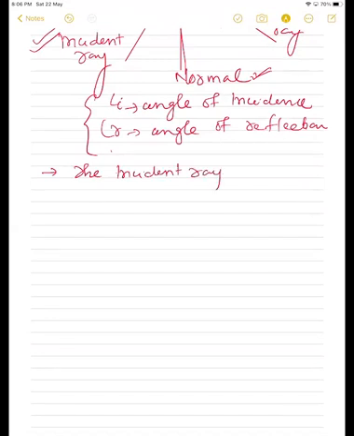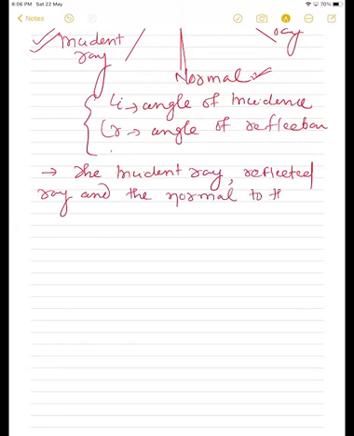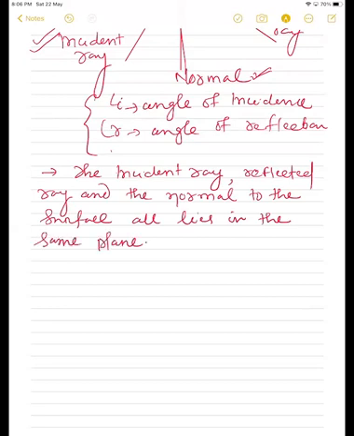The incident ray, the reflected ray, and the normal to the surface all lie in the same plane.